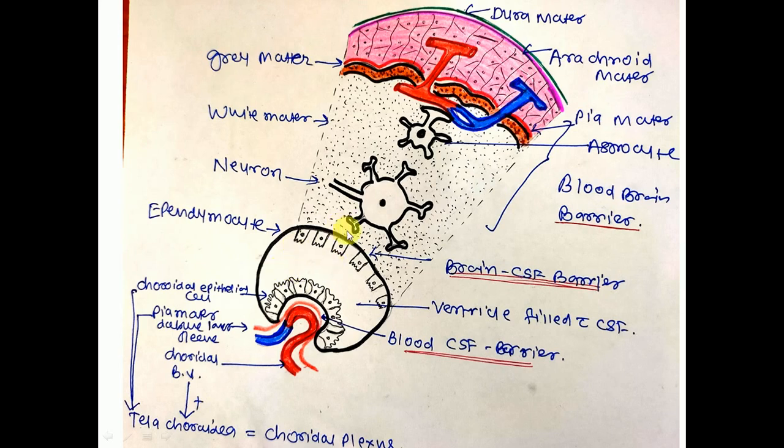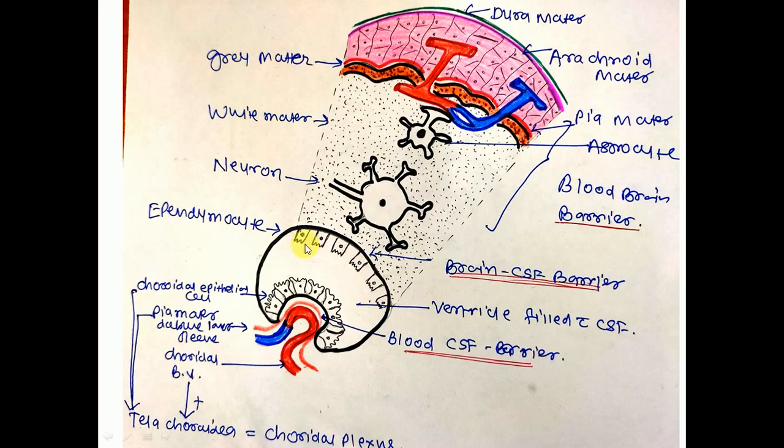Okay. So the cavity of the ventricle is lined by two types of cells, ependymal cells, and in the floor of the ventricular cavity there is choroidal epithelial cell. That is nothing but a modification of the ependymal cell. Okay.